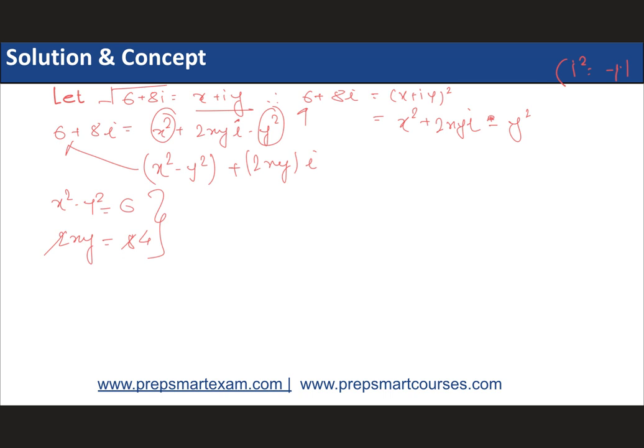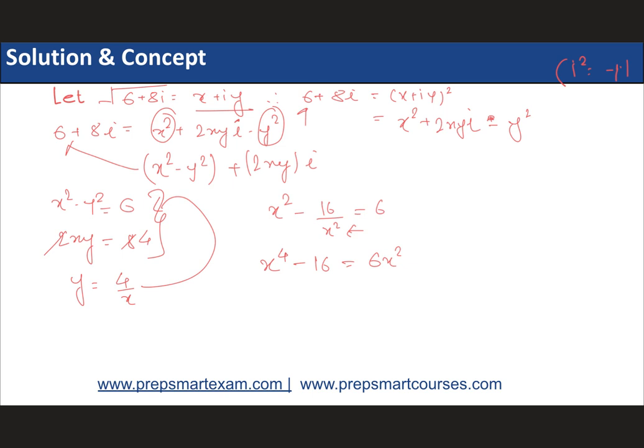Now, xy is equal to 4, so I will replace it with y is equal to 4 by x. Okay, now just substitute this in this particular equation. What do you get? x square minus 16 by x square is equal to 6. Multiply the whole equation by x square so that we can eliminate the denominator. So what do we get? x to the power 4 minus 16 is equal to 6x square. Right?